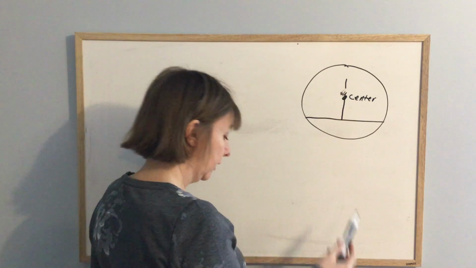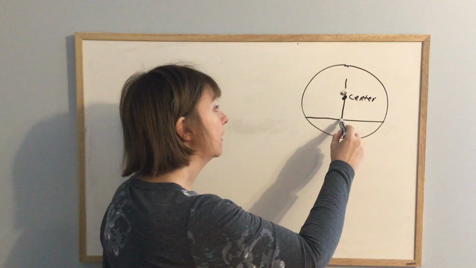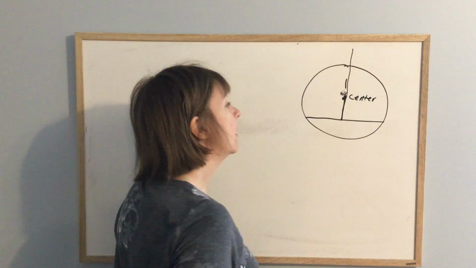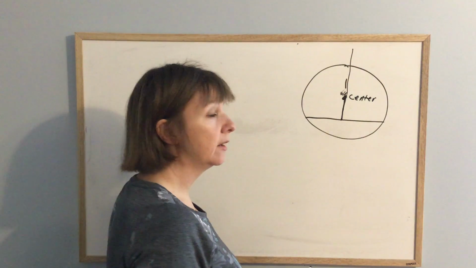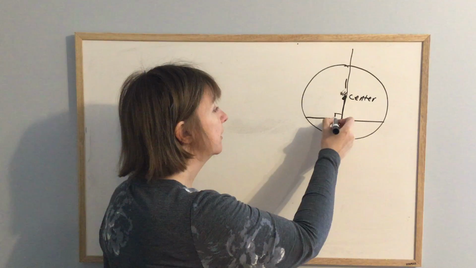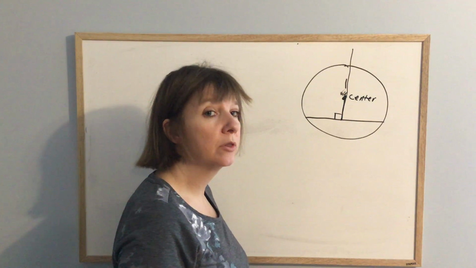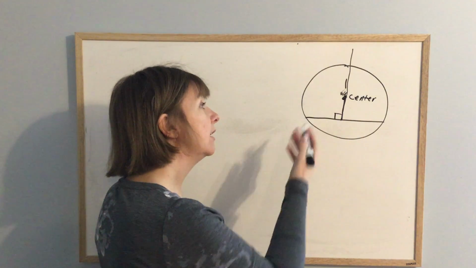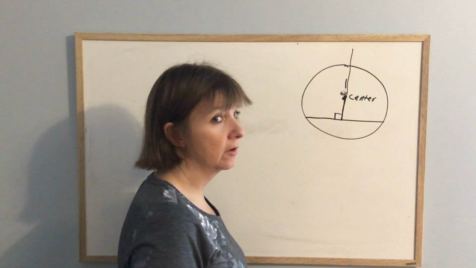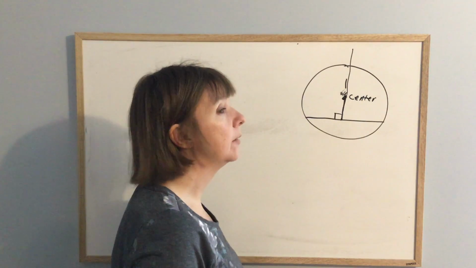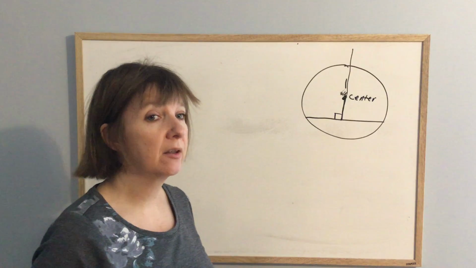If that line, which can keep on going if it wants, is perpendicular to the chord and goes through the center, then this line is called a perpendicular bisector.